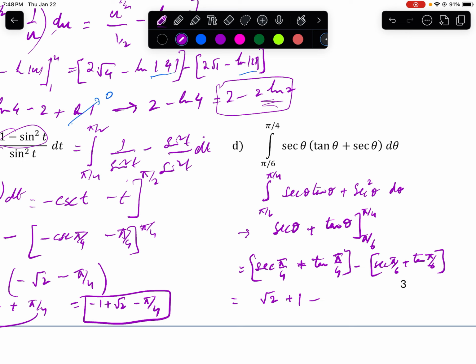How do we figure that out? Well, remember, sine of pi over 6 is 1/2. So cosine of pi over 6 will be square root of 3 over 2. So secant of pi over 6 will be 2 over square root of 3.